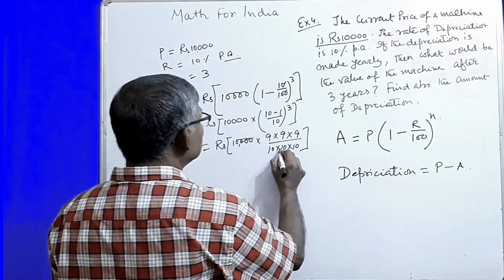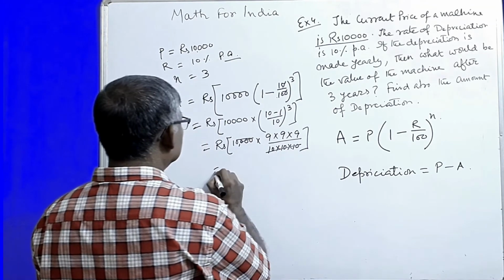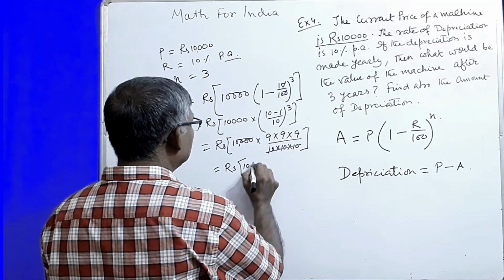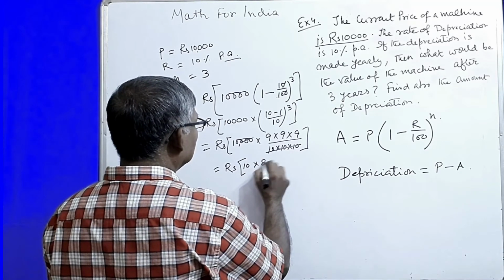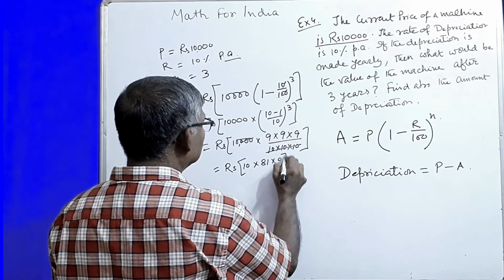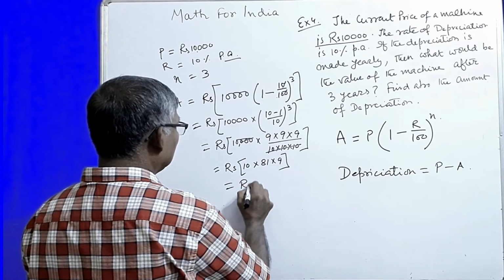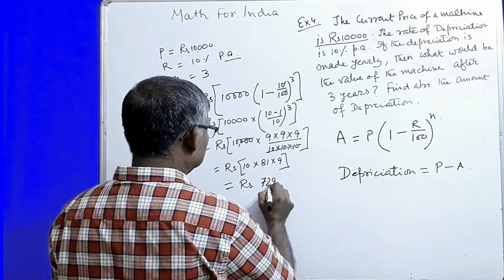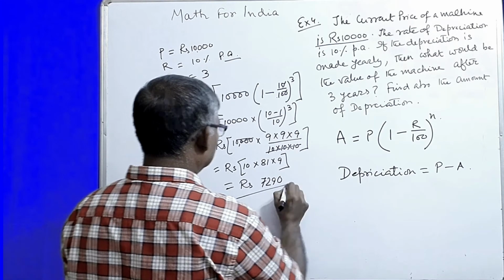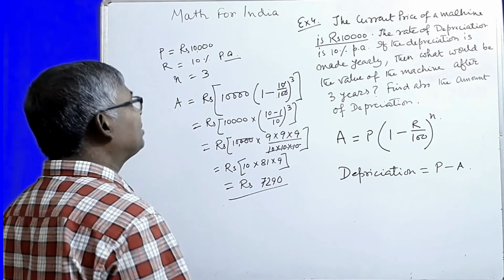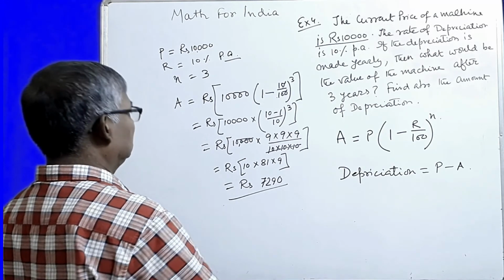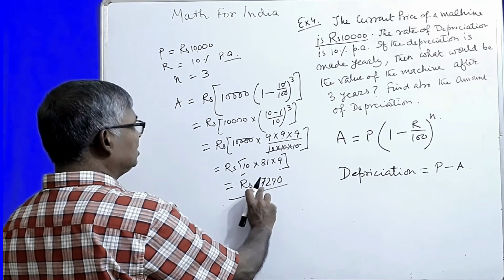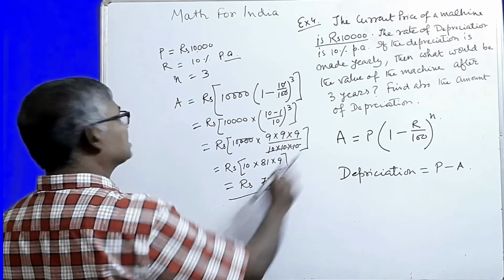Here 3 zeros are cancelled, that is rupees 10 into 81 into 9, that is rupees 7,290. So the value of the machine will be rupees 7,290 after 3 years.